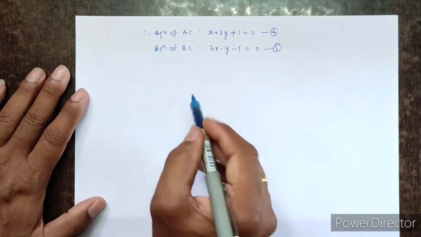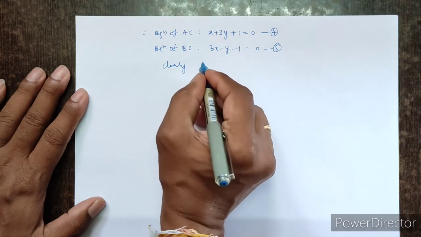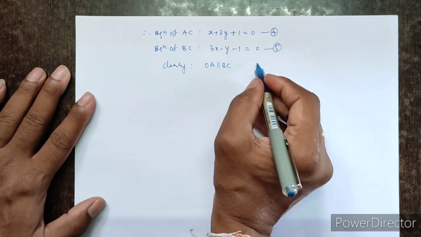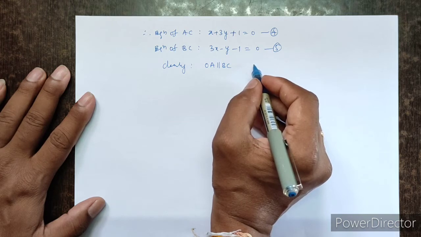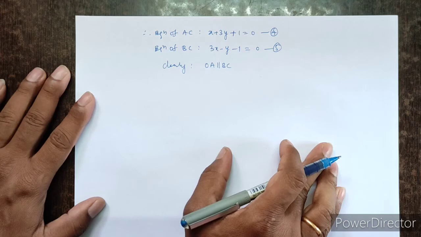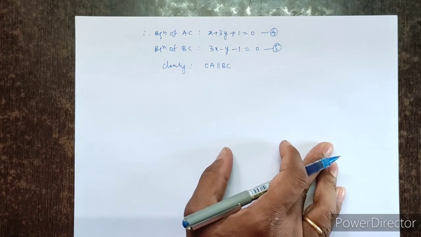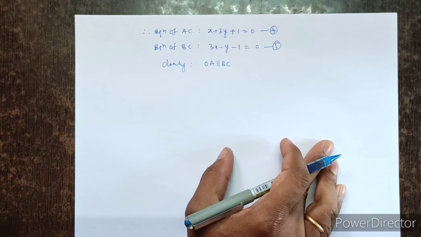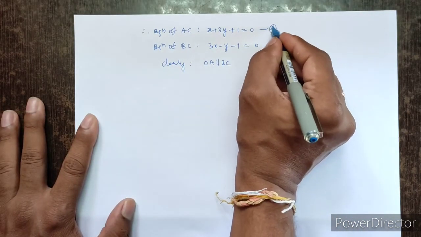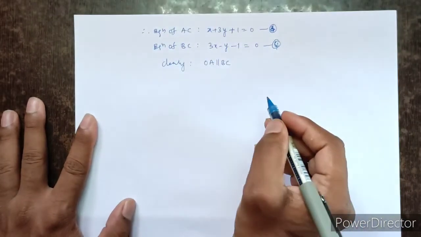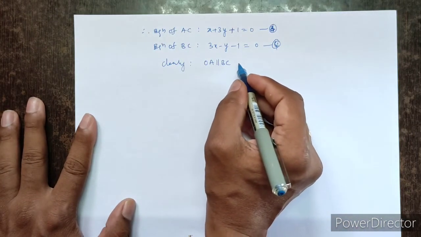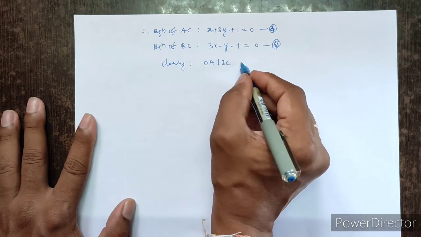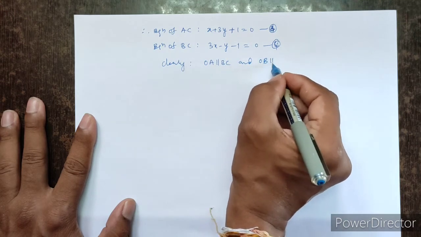So from equations 1, 2, 3, 4, we clearly observed OA is parallel to BC and OB is parallel to AC.